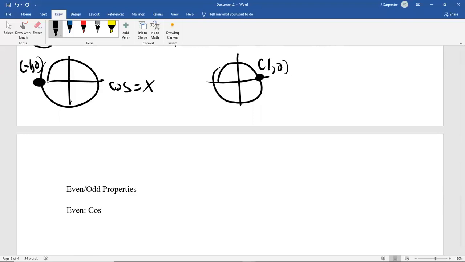Cosine and, of course, secant, the reciprocal functions, follow the same. This means that the cosine of a negative angle is the same thing as the cosine of the positive angle.